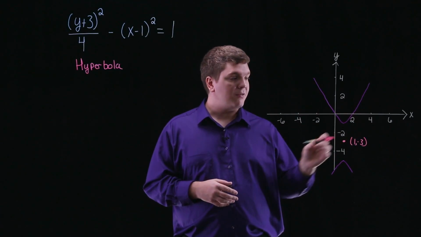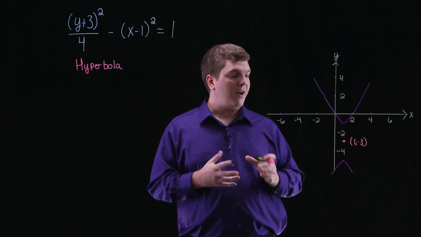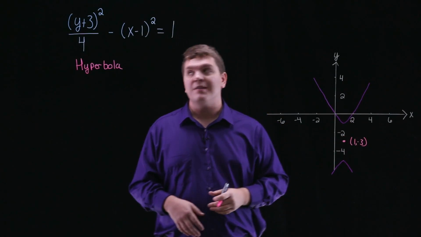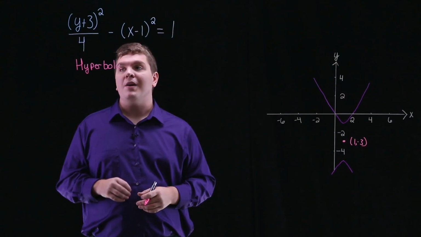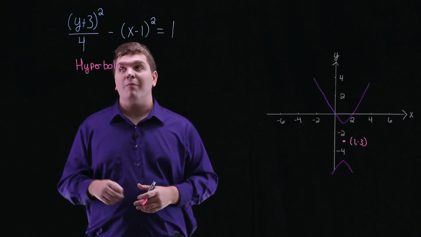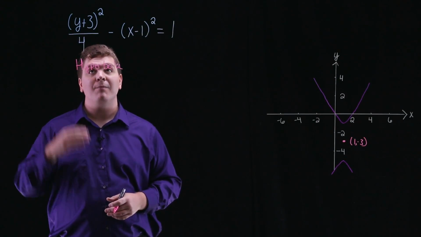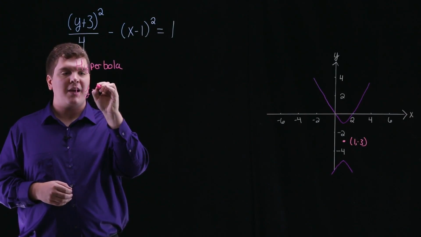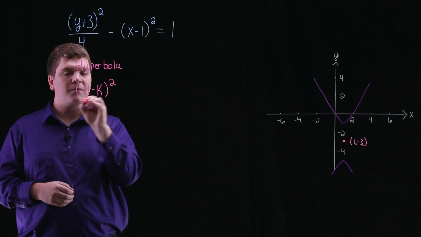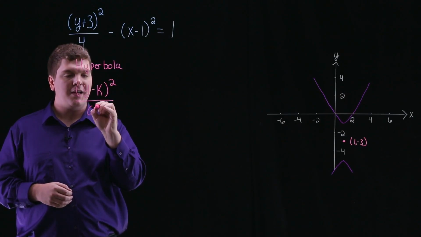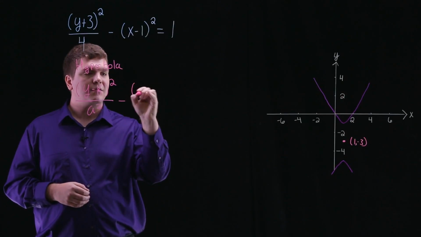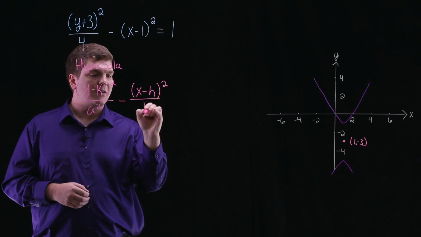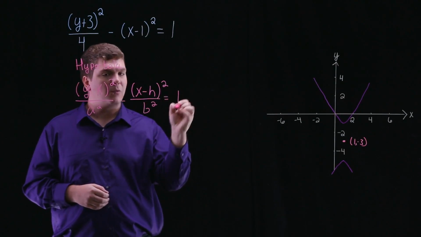So that tells you that this hyperbola has moved to the right 1 unit and down 3 units. Another way to see this is to go back to the equation. We know the standard form of a hyperbola centered at the point (h, k) with a vertical transverse axis is (y − k)² / a² − (x − h)² / b² = 1.